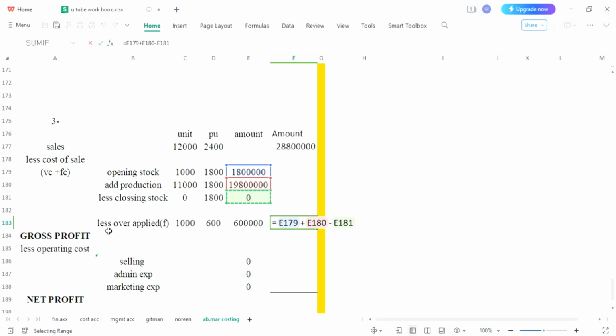And then there was over applied, which would be subtracted, sign minus, and this is your over applied production. Total cost is here. Now we'll find out our gross profit. How would we calculate our gross profit? It is the difference between sales and cost of sales. Sales are 2880, and we will subtract our total cost including variable and fixed costs. So we have got our gross profit over here.